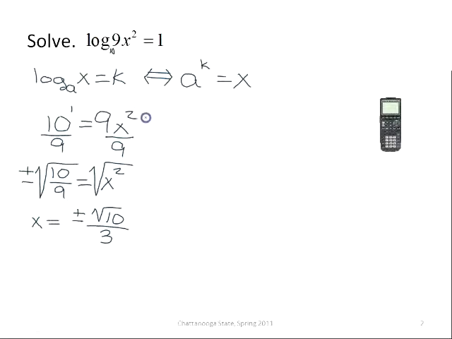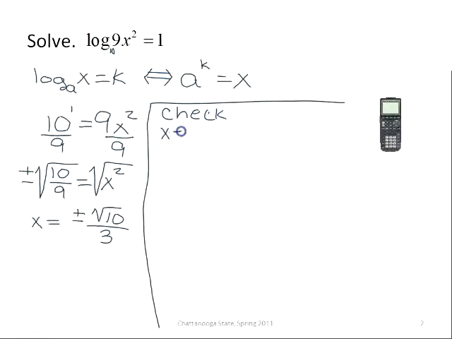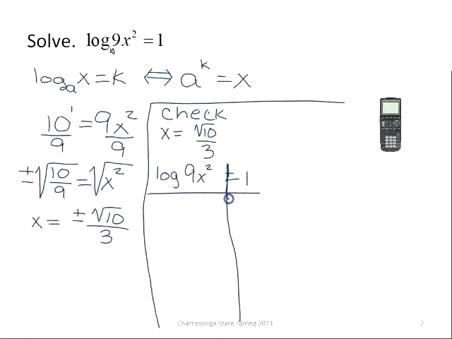Now, that gives me 2 answers, but anytime you solve log equations, you have to check your answers. So I'm going to check. First, I'm going to check x equals the positive square root of 10 over 3. To check it, I go back and I plug it in to the original equation and make sure that the left side equals the right side.